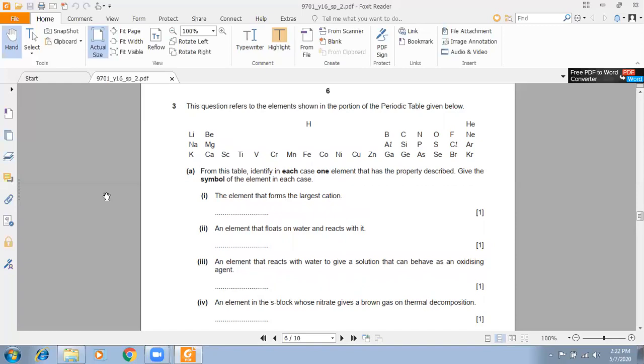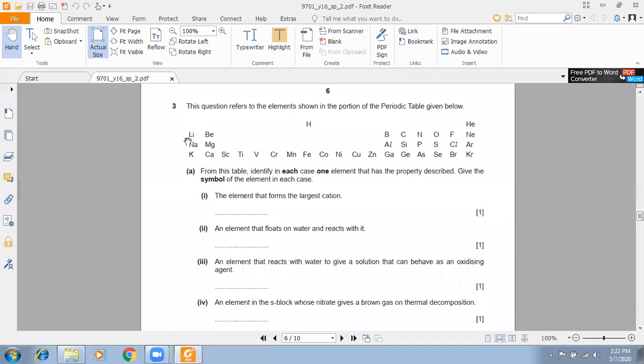On the other hand, if you take magnesium nitrate or calcium nitrate, what will happen at that time? They will form the respective oxide. That means they will form magnesium oxide, nitrogen dioxide and oxygen. So nitrogen dioxide is a brown gas. So what will be the answer? Magnesium or calcium, right? Even lithium can be chosen because lithium has a similar property to magnesium and calcium.